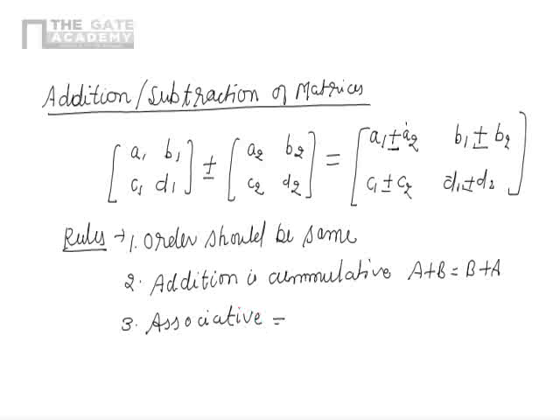So this is associative. So A plus B, if I add the two matrices and then add it to the third matrix, this will be equal to the addition of the first matrix with the summation of the remaining two. And it can also be written as B plus C plus A. So this is quite a general thing which we already know.